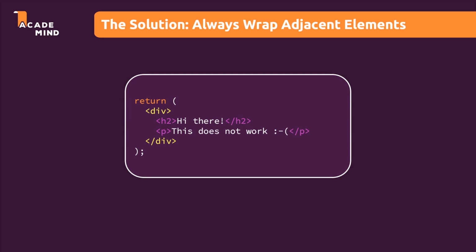If you do that, if you wrap them with a div, then you only have one thing that you return, only one value. It's a bit like returning 3 numbers by putting them into an array. Here we're returning 2 nested JSX elements by putting them into one div, which we return.